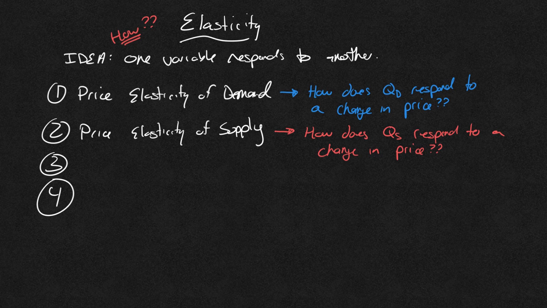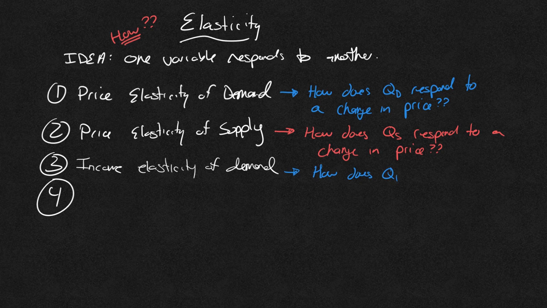Now, the other 2 common elasticities that we talk about in an introductory micro class, the first one is the income elasticity of demand. So income elasticity of demand, again, with pattern recognition, maybe this makes sense to you, but it's going to be, how does the quantity demanded respond to a change in income?